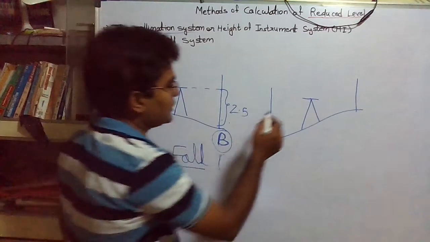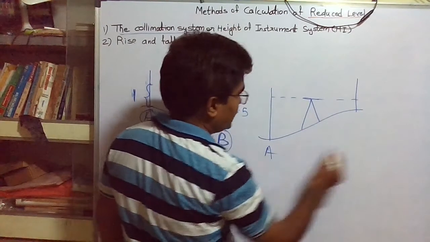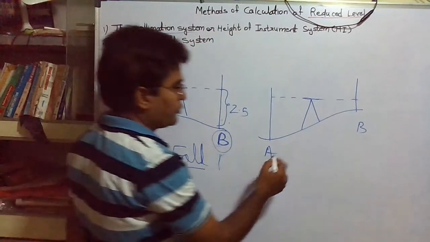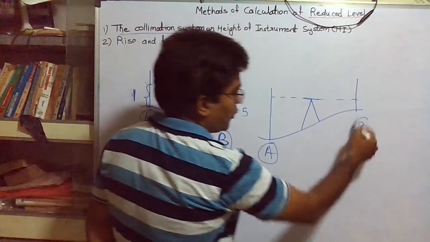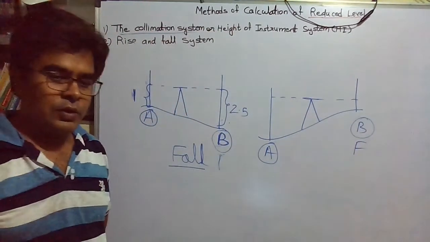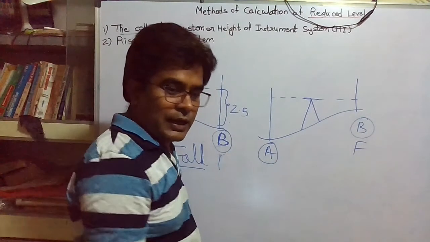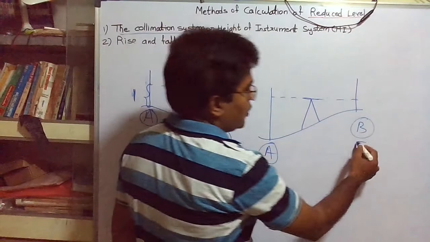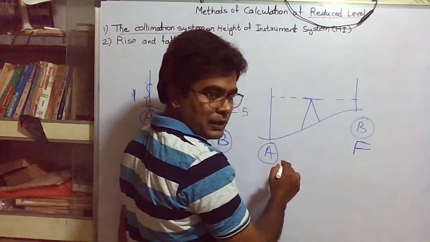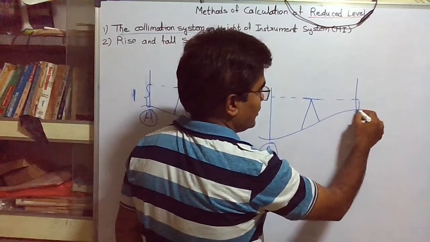Here, there is another case you can see. Suppose this is point A, this is point B. What is the forward point? The forward point is B, and the preceding point is A. So again, if the forward staff reading, meaning the staff reading at B, is less, what can the reading be?